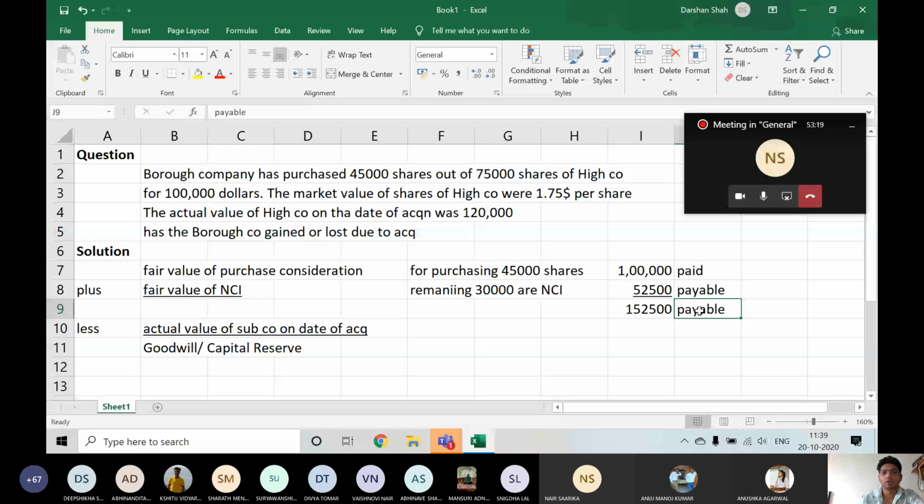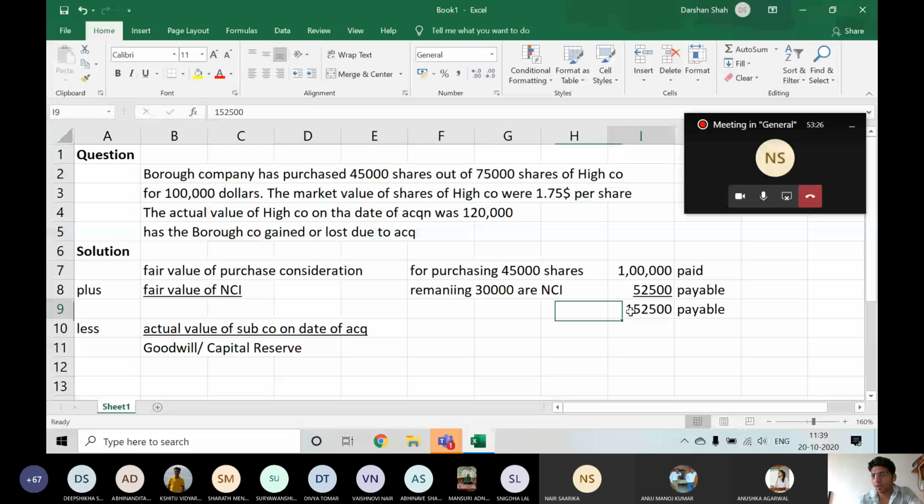Now this 1,52,500 will be compared with the actual value of the subsidiary company on the date of acquisition. So what is the actual value of the company? It is already given: 1,20,000.